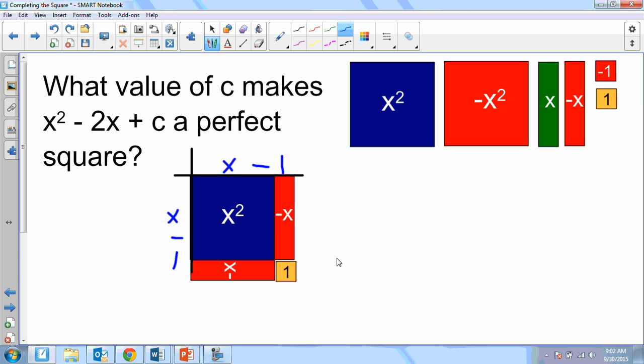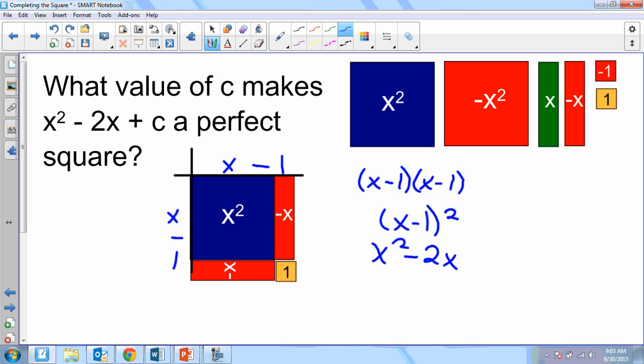And when we multiply x minus 1 times x minus 1, or x minus 1 quantity squared, our perfect square, that's what we're trying to get to, we get an x squared minus 2 of these x's plus a 1. Pretty good with that?